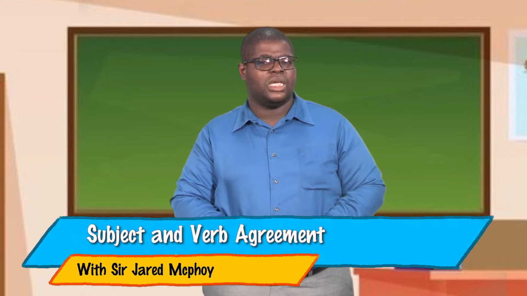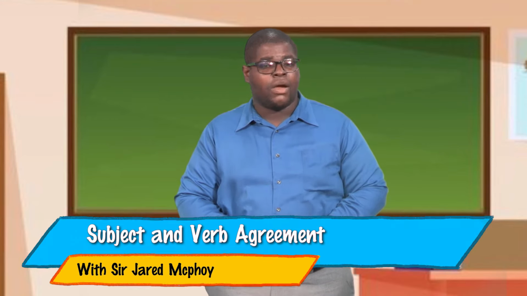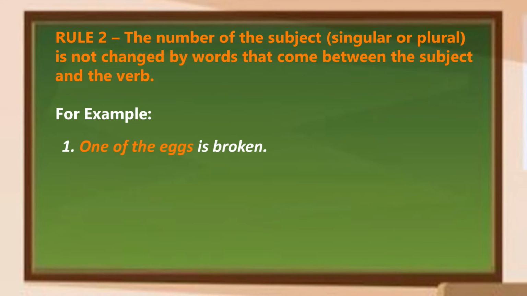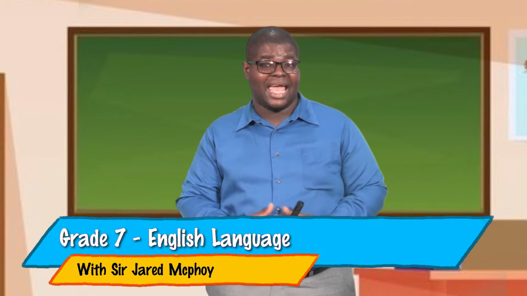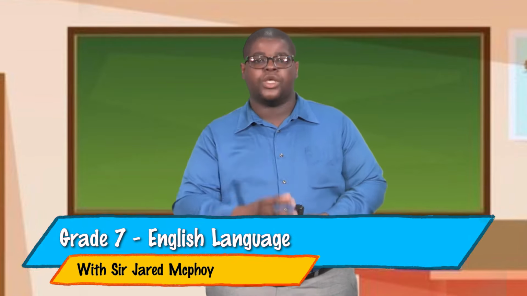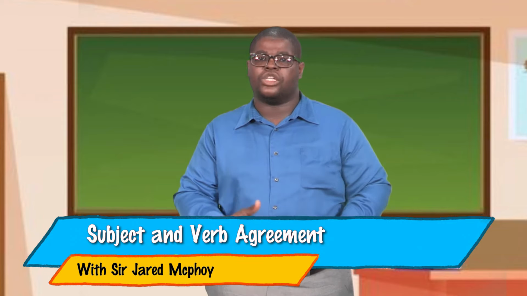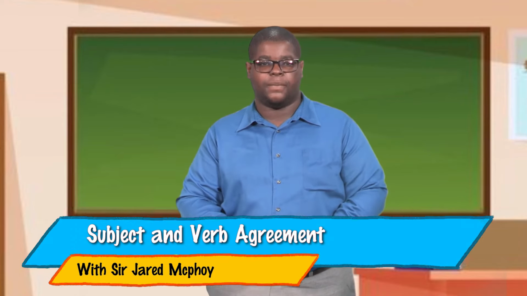And because you see the S at the end of the word eggs, you're thinking it should be are. But that's not correct. Let's say we have 10 eggs. If we say one of the eggs, the one is singular. So you can mentally omit the part that says of the eggs, and if we're talking about one, that's singular, so the verb has to be singular.